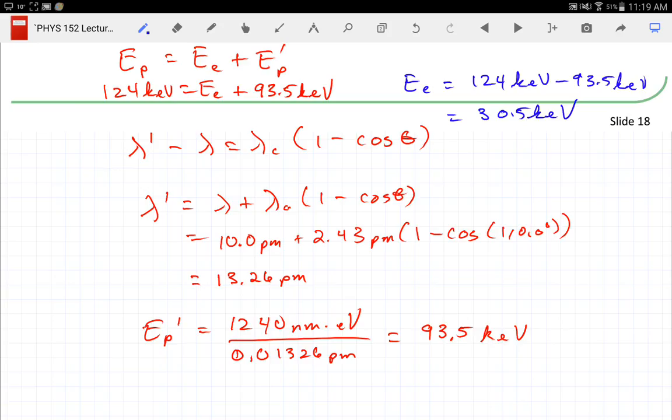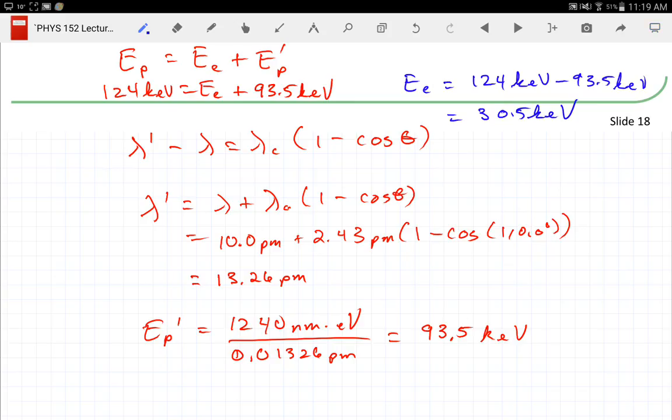So that's an example of how we can use Compton scattering in real life. Now, we did Compton scattering off of electrons. Does it have to be electrons? No. You can have Compton scattering off of a neutron or a proton. But how's the mass of a neutron or proton compared to the mass of an electron? It's around 8,000 times bigger, if I remember right.